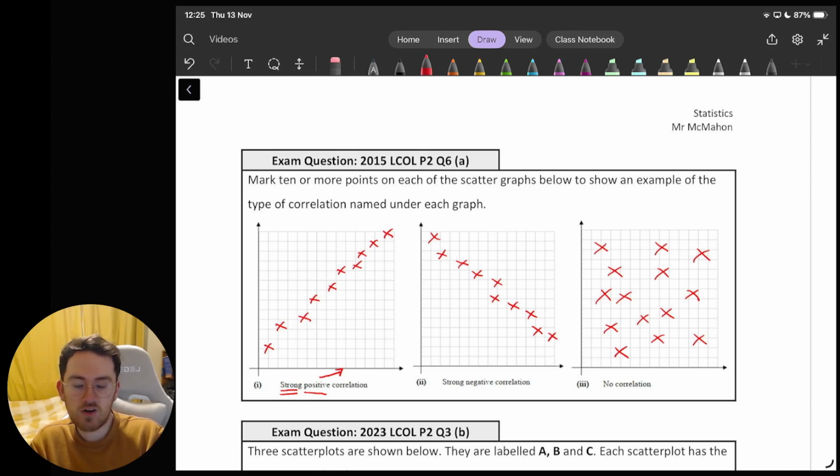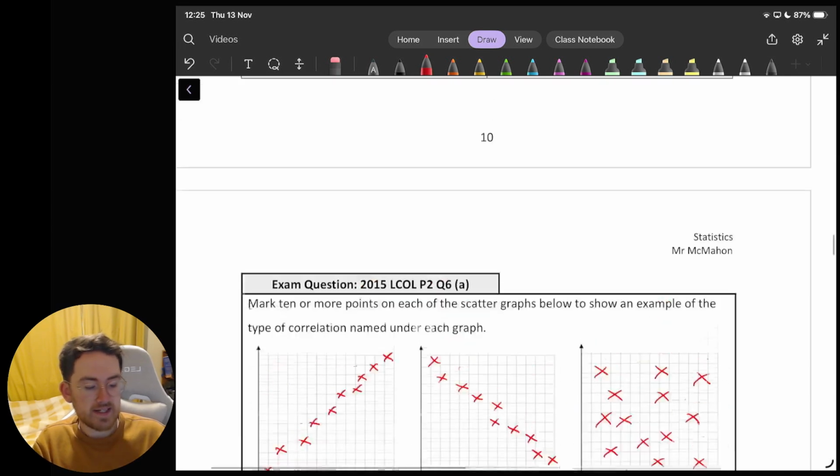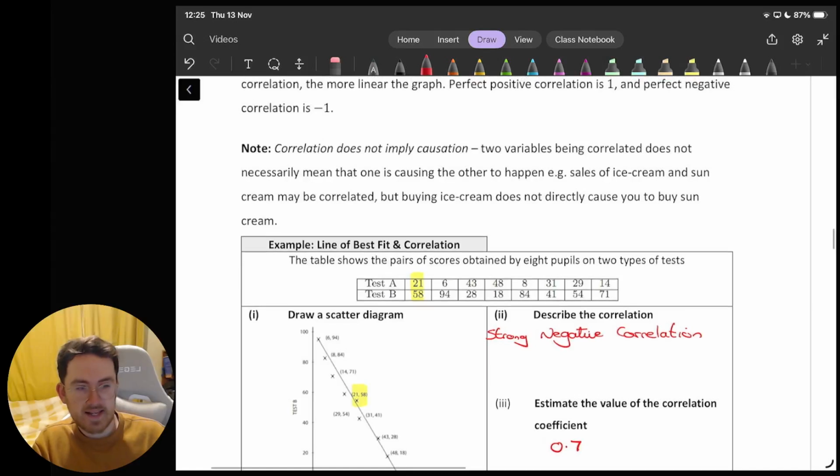Can you pick or estimate a number that it could be? Can you recognize a certain type of correlation when you're looking at it? Can you describe it, making sure you describe the strength and the direction of the correlation? And that's really all that's going to come in. It is about making those assessments and being able to make those conclusions based on the graphs and the data given to you.